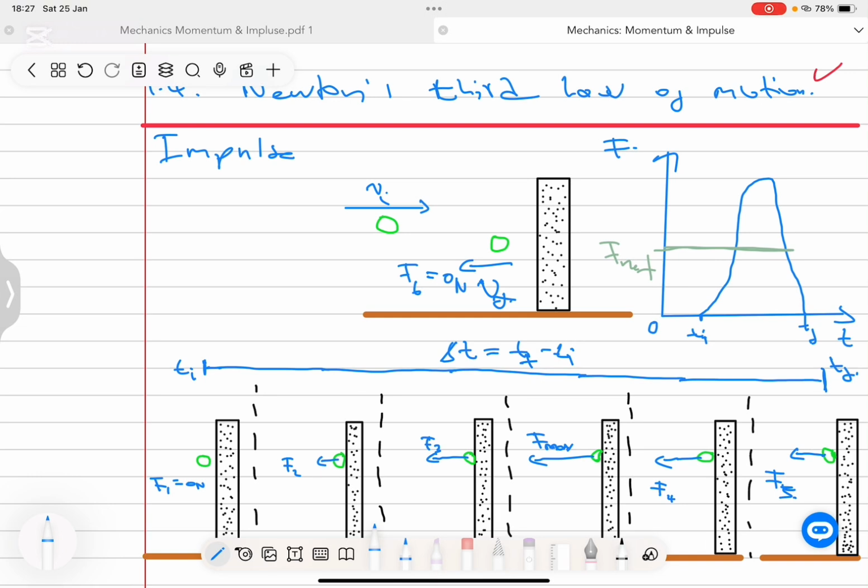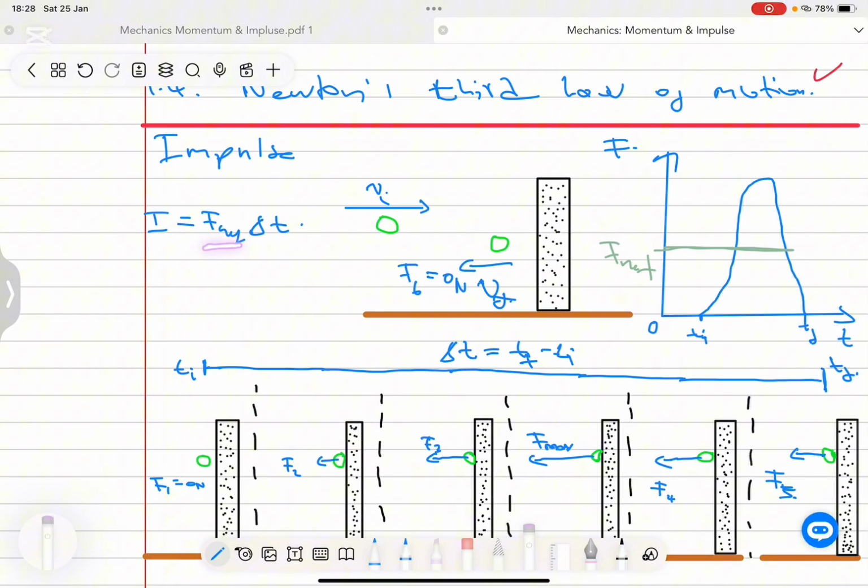It is a concept that explains how this ball actually changed its motion from initial to final, where it was going to the right and now going to the left. We then say if we multiply the two, if we take the net force, which is the average of the varying force, times the time, this should give us an impulse. We call that an impulse.